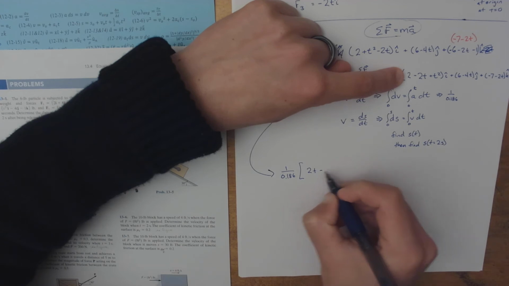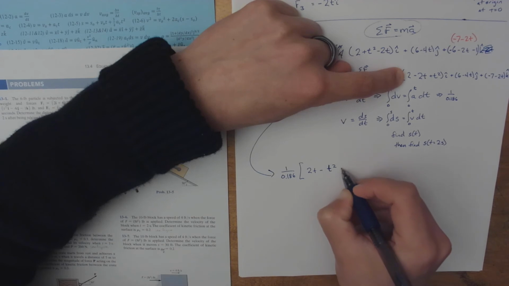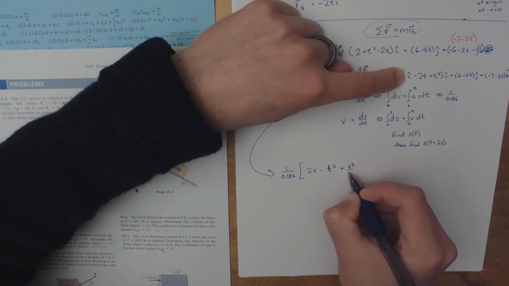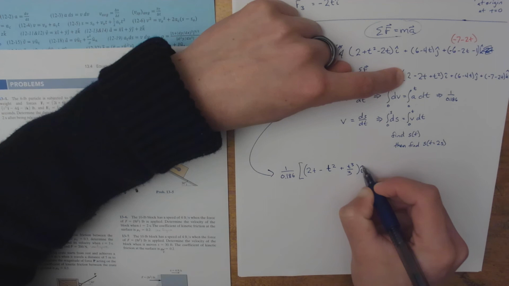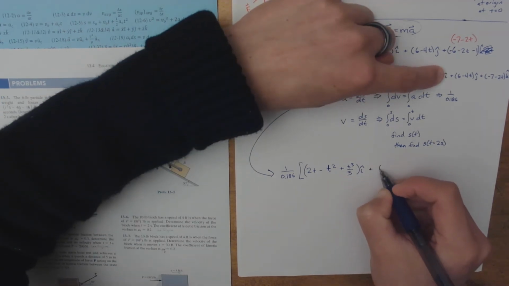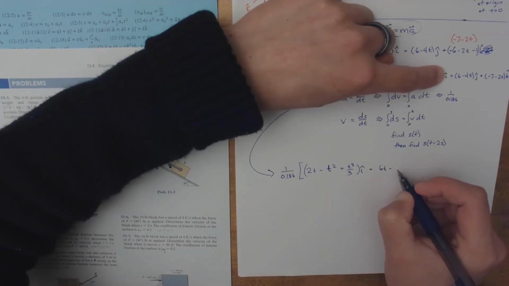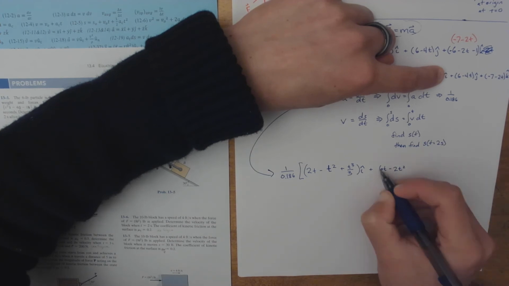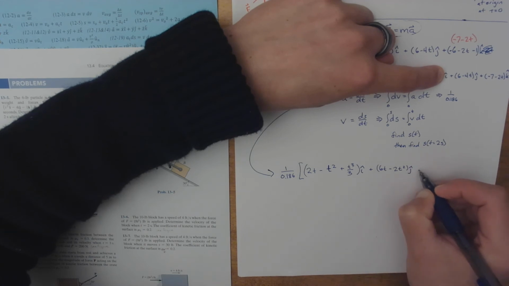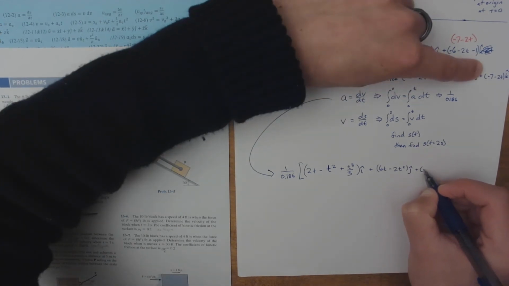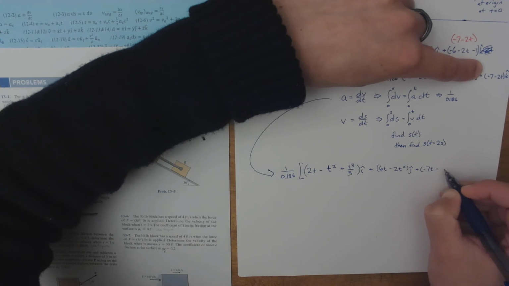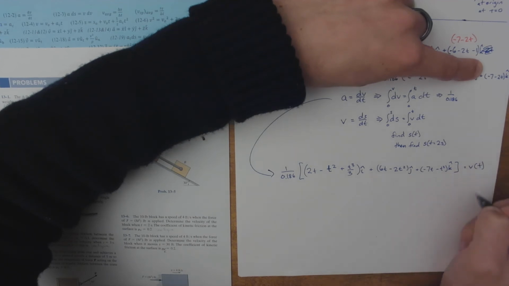We get 2t minus, well, just t squared plus t cubed over 3 in the i hat direction plus 6t minus 4t squared divided by 2, so that's 2t squared in the j hat direction plus negative 7t minus t squared in the k hat direction. And this is the velocity as a function of time.